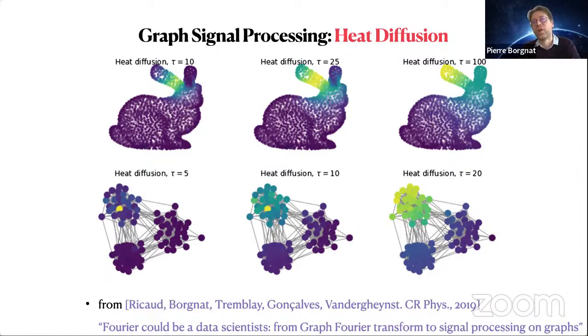So it's a good way to emphasize small structures at a certain scale, which in fact are structures that would appear as low frequency components in the graph signal processing approach.